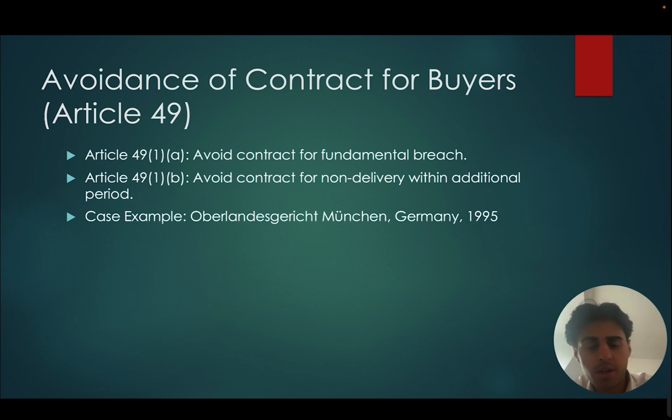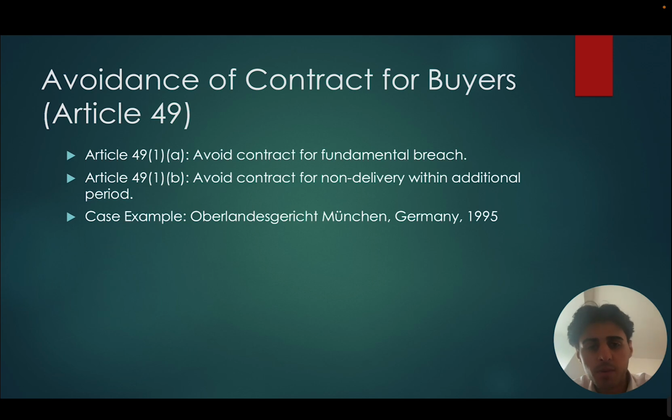Section 1(b) of Article 49, however, allows buyers to avoid the contract in cases of non-delivery, if the seller fails to deliver within an additional period fixed by the buyer. This remedy releases both parties from their contractual obligations, except for damages.